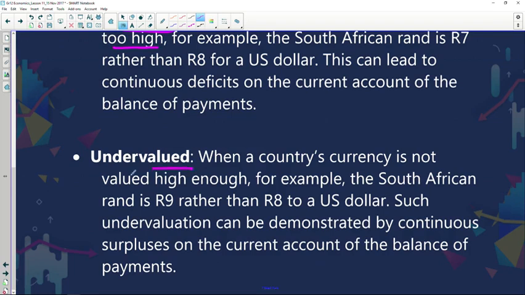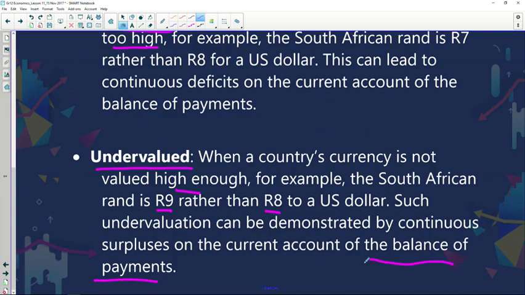Now we're going to look at undervalued. This is when a country's currency is not valued high enough, for example, the South African rand is 9 rand rather than 8 rand to a US dollar. Such undervaluation can be demonstrated by continuous surpluses on the current account of the balance of payments.